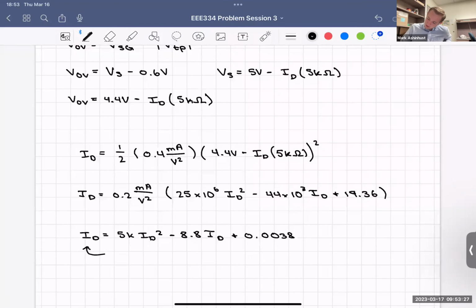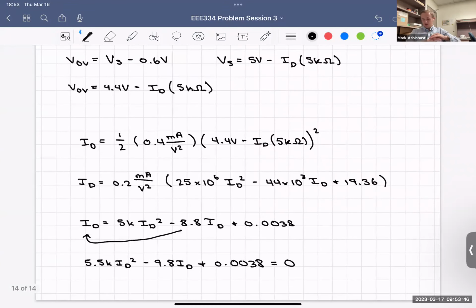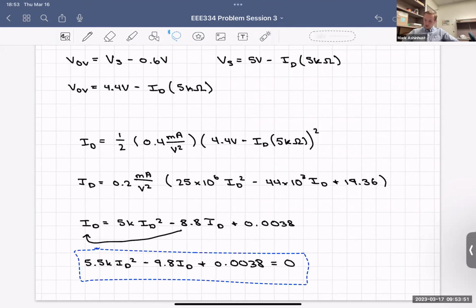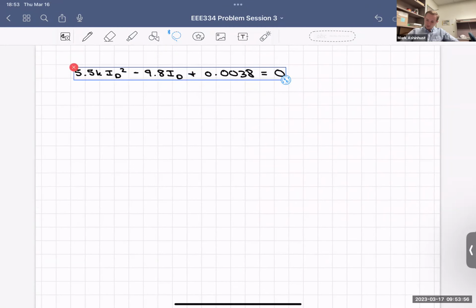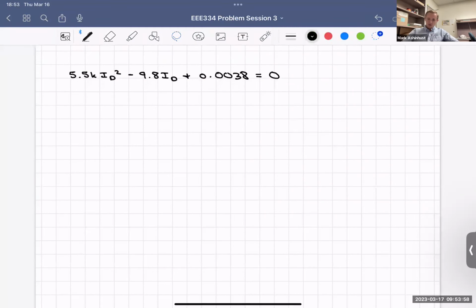And then I'll subtract this ID over, so we end up getting 5.5K ID squared minus 9.8 ID plus 0.0038 equals 0. Once again, pull out your calculator, TI-84, TI-83, whatever you're using, and then we'll solve for ID.